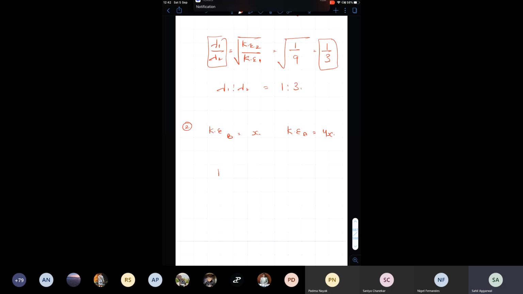Now we can apply lambda of A divided by lambda of B. It will be root of 4x upon x, that will be 2 is to 1.